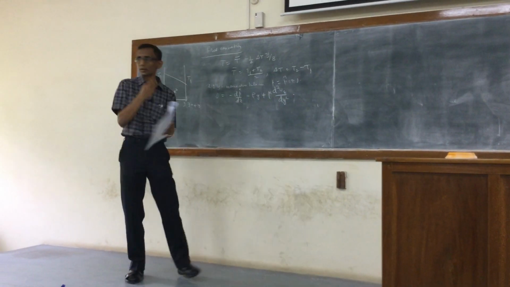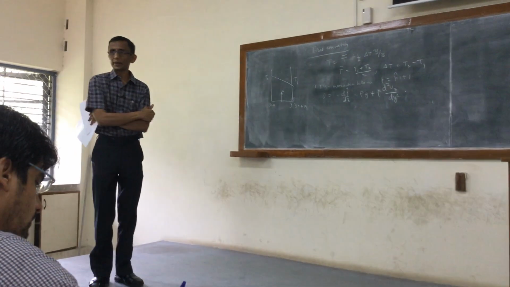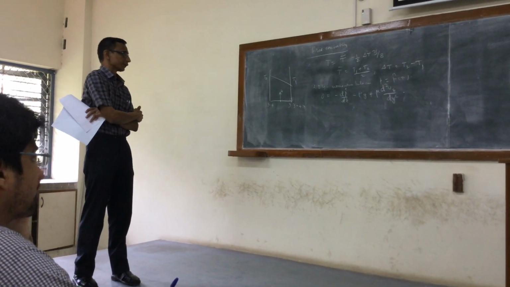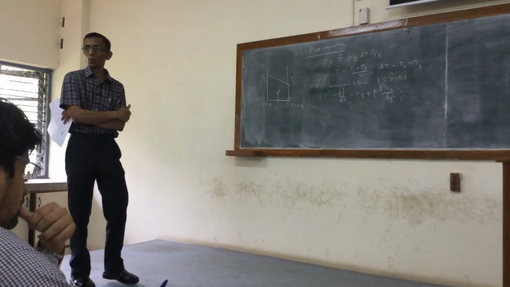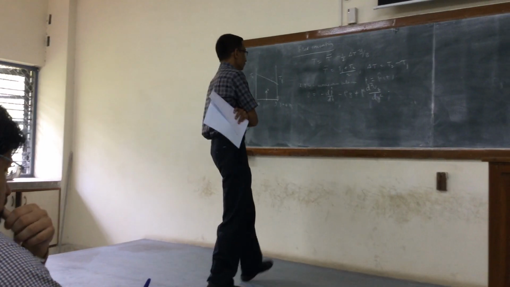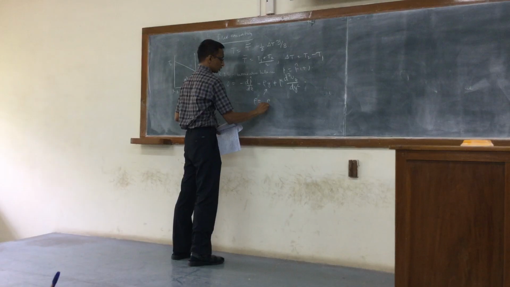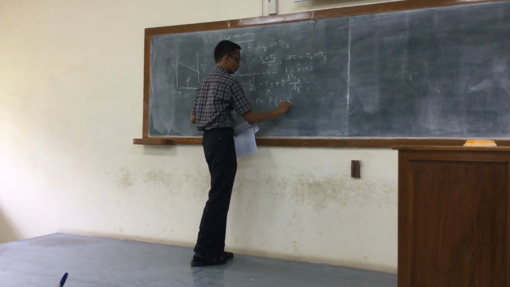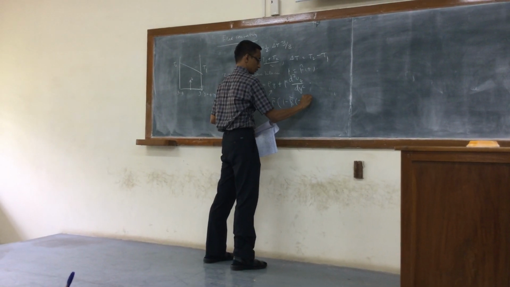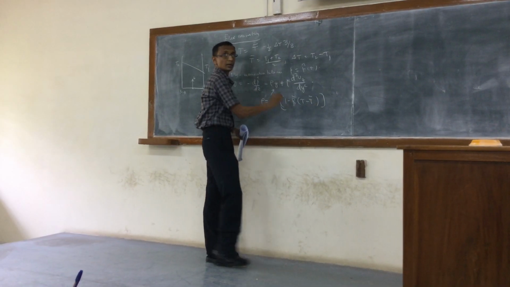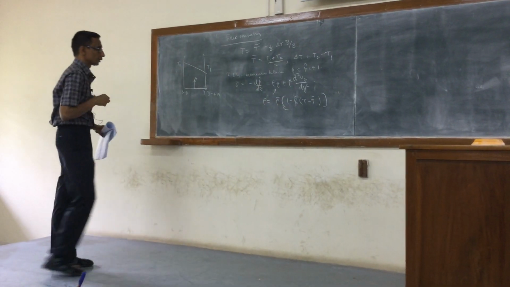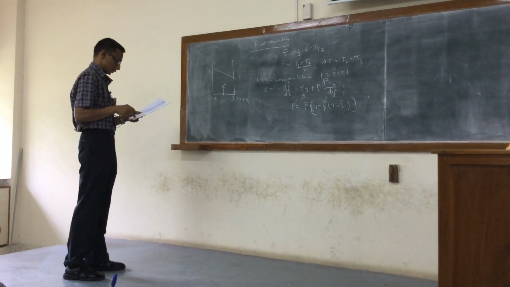Let's also assume that the velocity component in the z direction alone is non-zero. It depends only on y. And so then here is where the Boussinesq approximation is used. So this is the Boussinesq approximation.